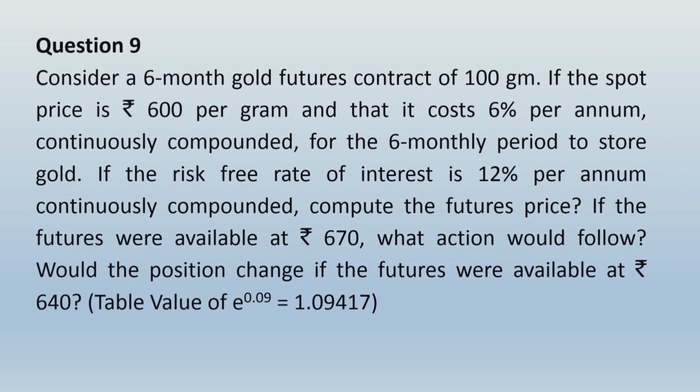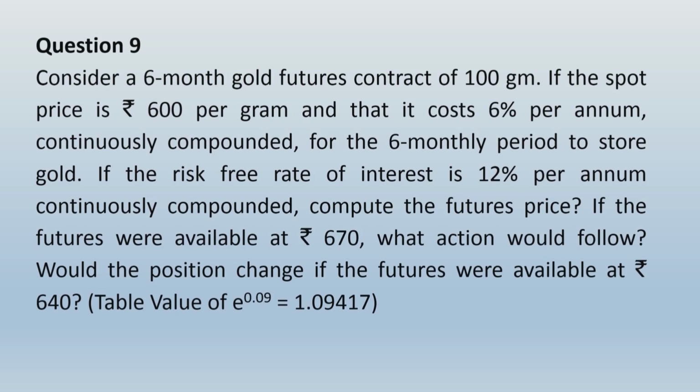So let us deal with question number 9. Consider a 6-month gold futures contract of 100 grams. The spot price is rupees 600 per gram, and it costs 6% per annum, continuously compounded, to store gold for the 6-month period.